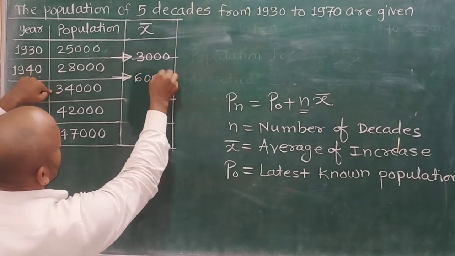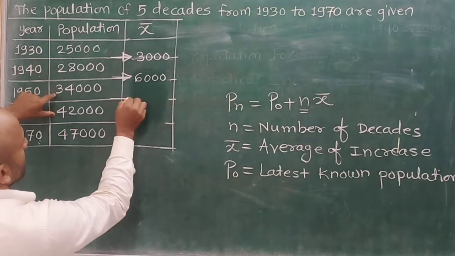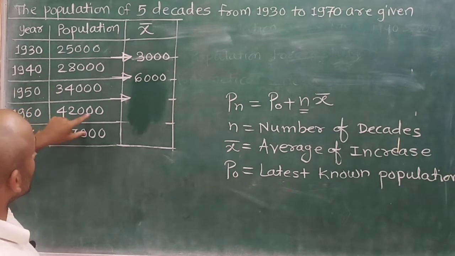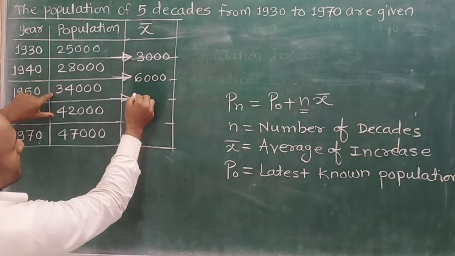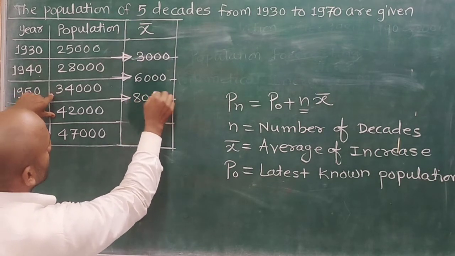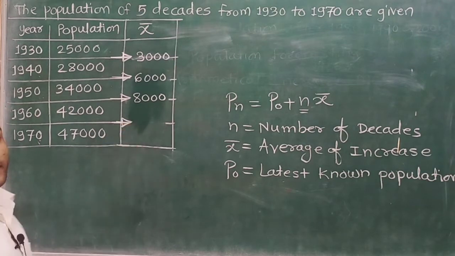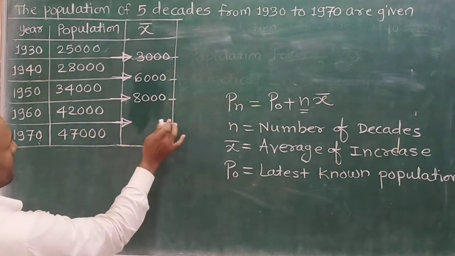Then the next increase, from 1950 to 1960, is 42,000 minus 34,000, which is 8,000. And from 1960 to 1970, the increase is 47,000 minus 42,000, that is 5,000.